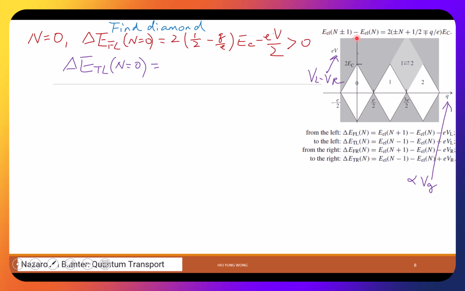So I need to use negative, and here it becomes 1/2 plus Q over E times EC, minus, but this is plus because it's tunneling out, over 2. Again, this needs to be larger than 0. Make sense? Any questions?